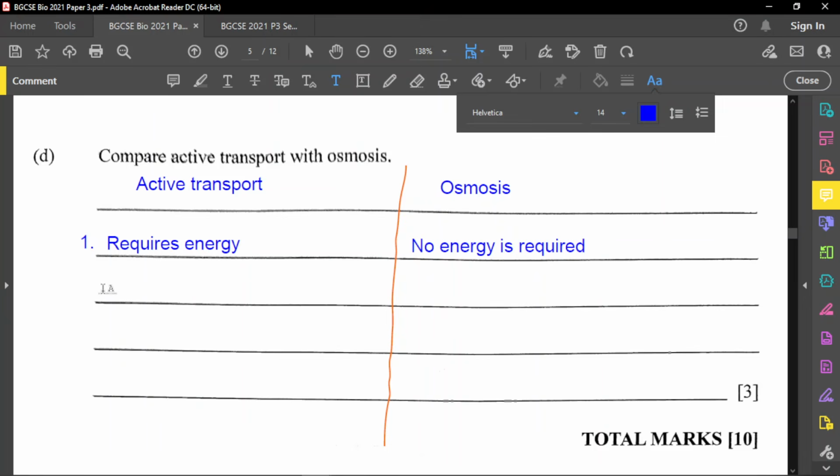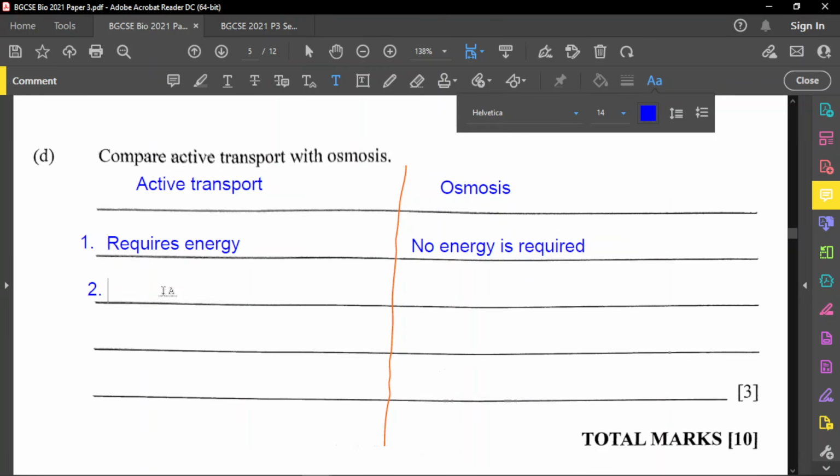For the next difference, please remember you're comparing the same things. If you talk about energy, talk about energy. You can't talk about energy and then talk about something else. That's not mark worthy. You must say the same feature together.